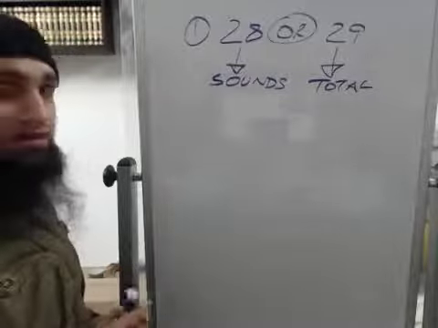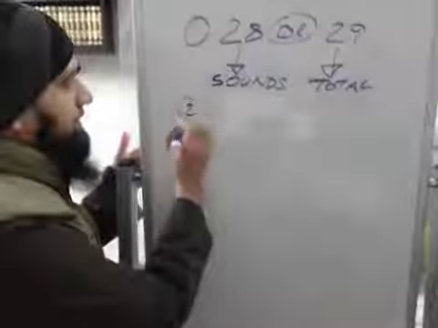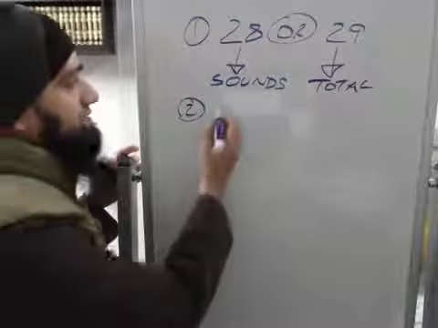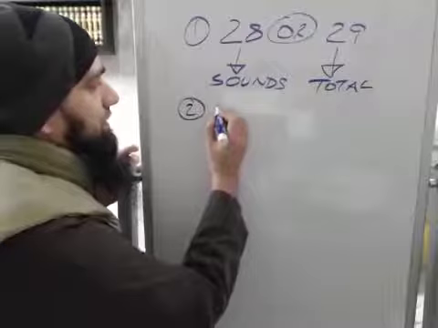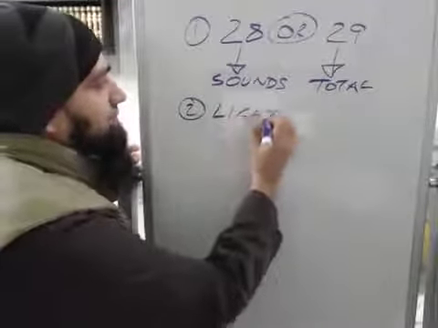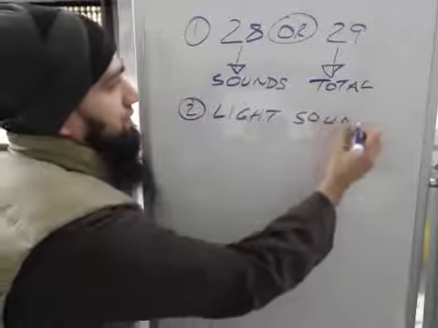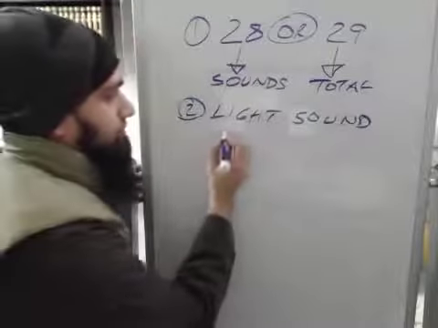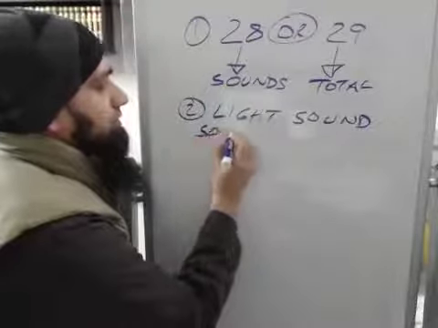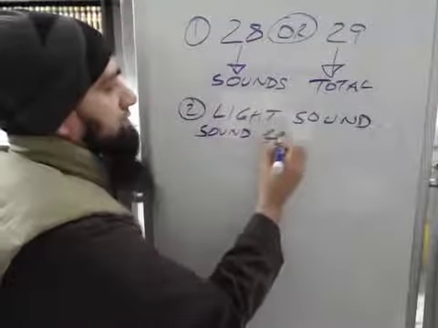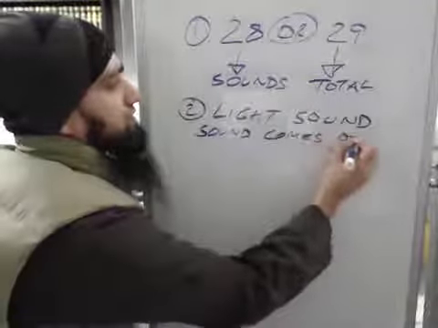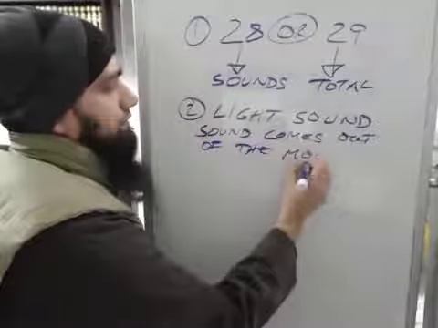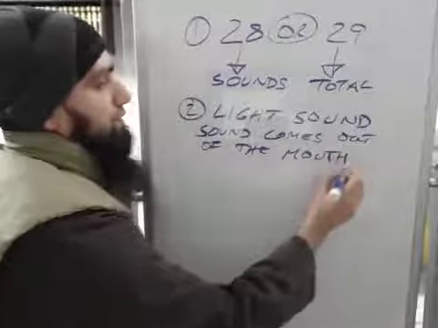But the first thing you need to know is that the difference between heavy sound and light sound is that for the light sound, the sound comes out of the mouth, right?